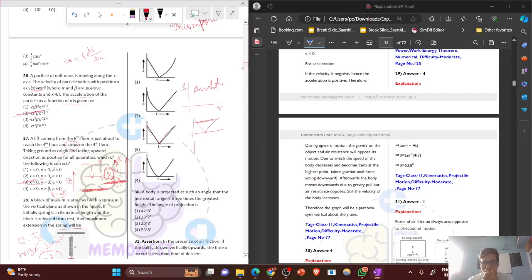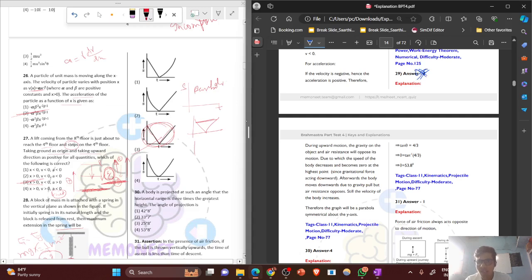So the correct answer will be, I think, the third option. Third is your correct answer, because it's asking for speed, not the velocity. And a speed time graph in a free fall represents a straight line, so it is wrongly written here.